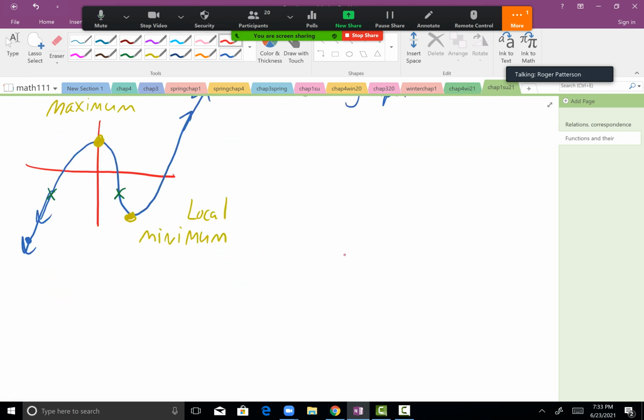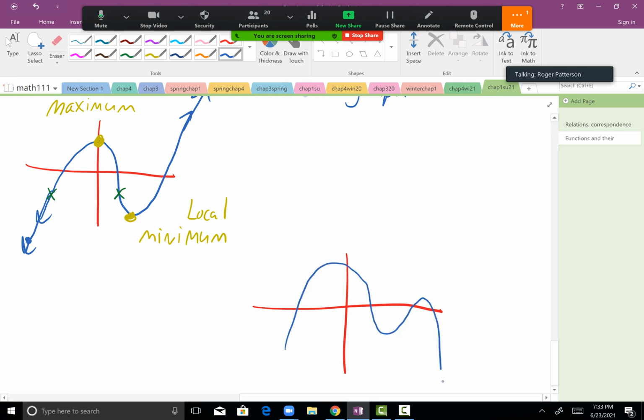So let's look at something like that. Let's say we got a graph here, and I'm just going to make sort of an M graph. In this particular case, this is a maximum, but it's an absolute maximum because there's no point higher than that. We're assuming that this graph is going to continually go down on both ends.